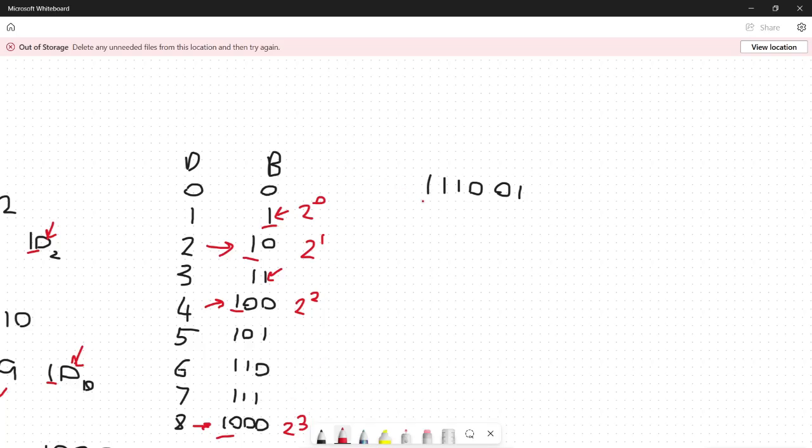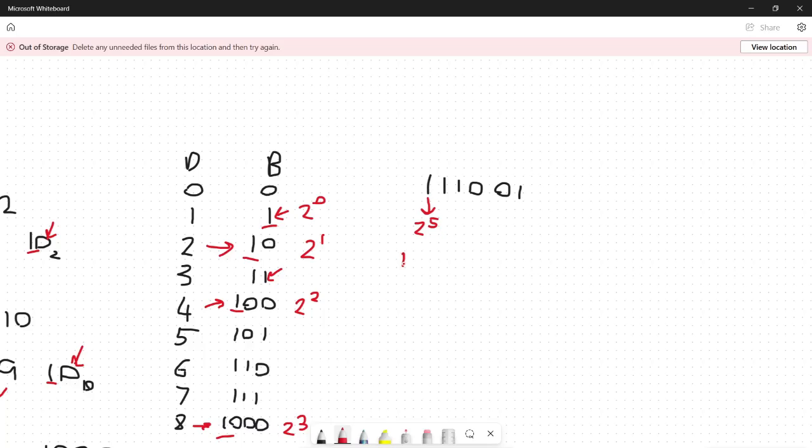So how many digits do we have here? We have 1, 2, 3, 4, 5, 6. So this will be 2 to the power of 5, because remember, we started at 2 to the 0. Now, how we're going to calculate this is we're going to add the numbers.